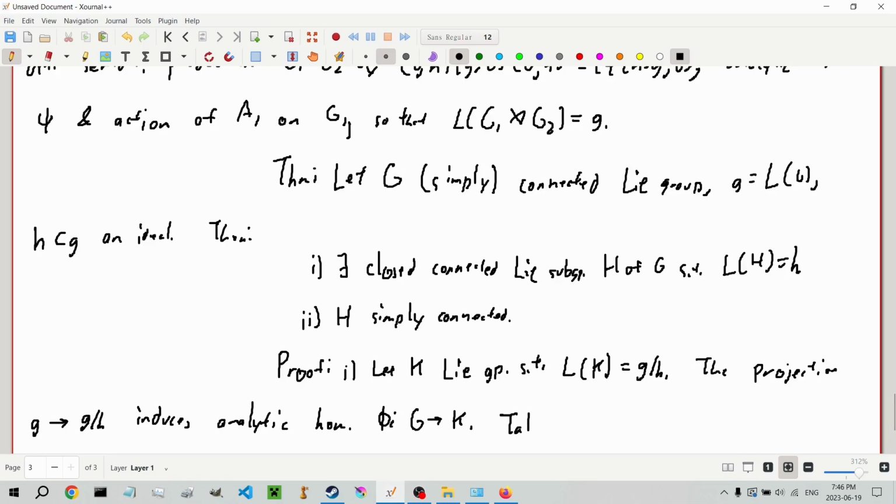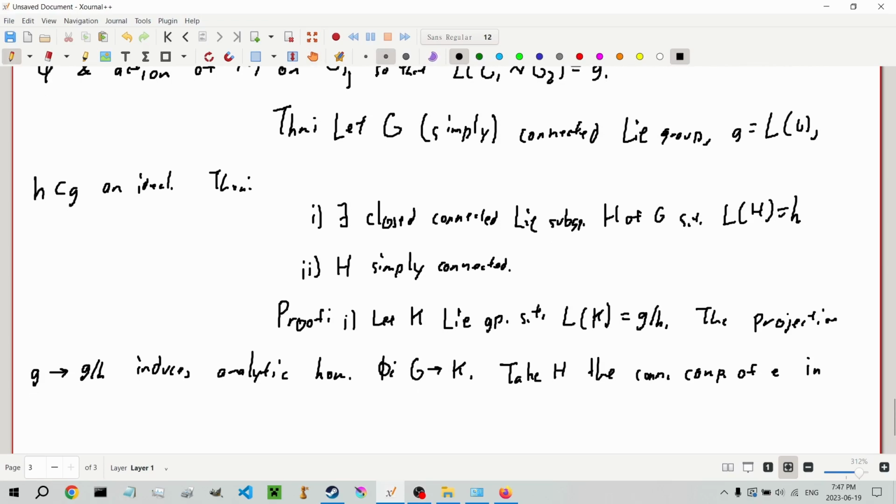So then we take H to be the connected component of E in the kernel of E. That gives us H, our desired H.